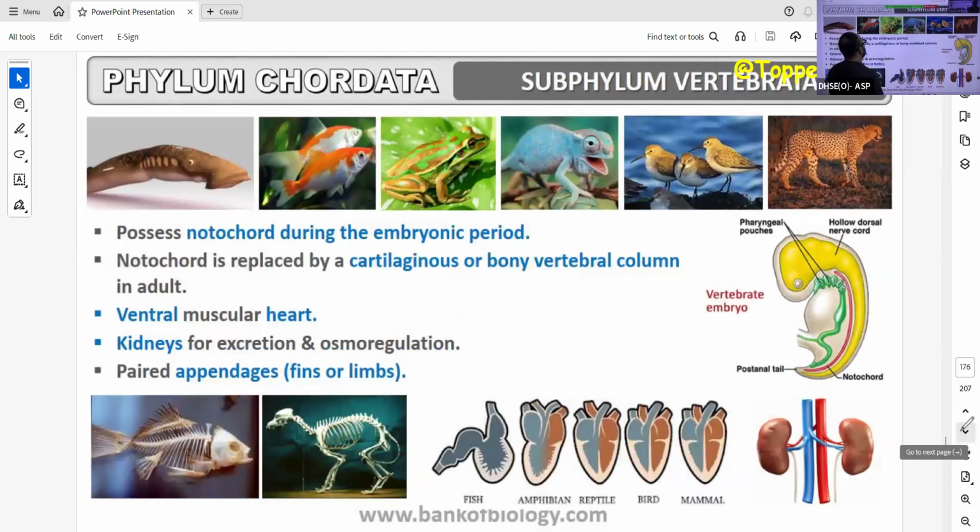Then we come across the subphylum Vertebrata. Now, Vertebrata needs more detail. Why? Because when you do classification, there you'll also look into the superclass Pisces, the amphibians, the reptilia, okay? And you will have the aves and then the mammals.